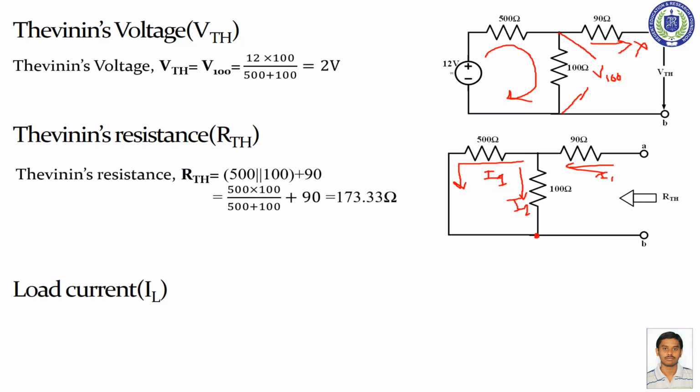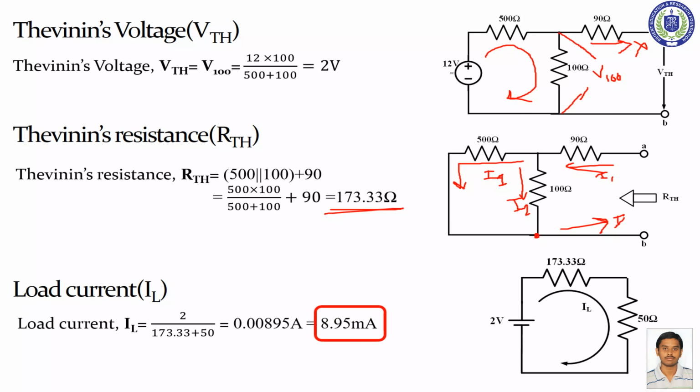After this point I1 and I2 sum up and give the current I. So this current is divided, which means this is a parallel circuit. So 500 and 100 are parallel and 90 is in series with this. After calculation, RTH is 173.33 ohm.